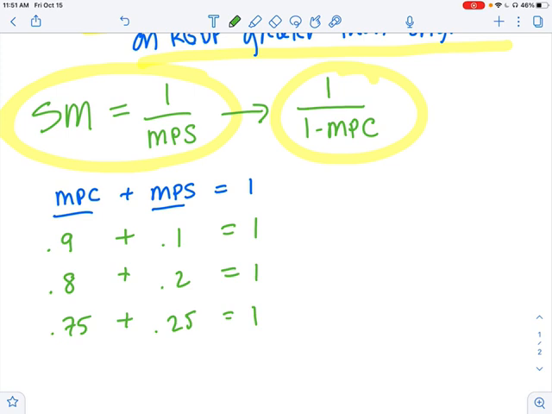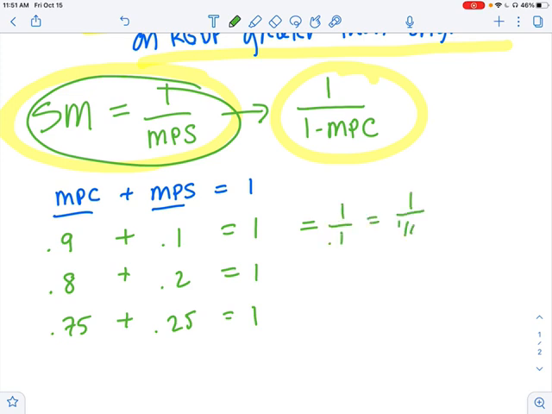So you're going to plug that into the formula we have up here. So what that means is that 1 over 0.1 is the same as 1 over 1/10. To divide by a fraction, you multiply by the reciprocal. So that really equals 1 times 10 over 1, which is going to come out to be 10.